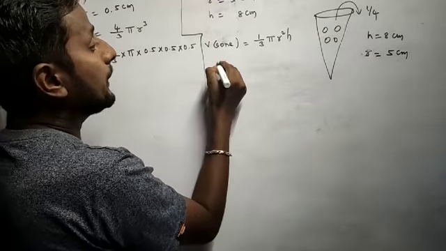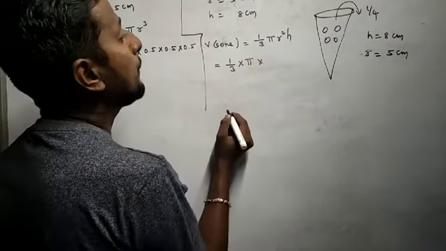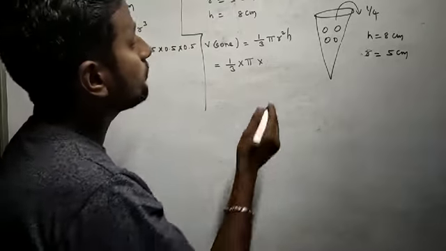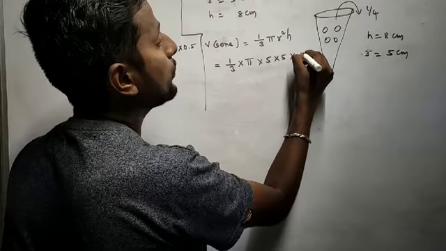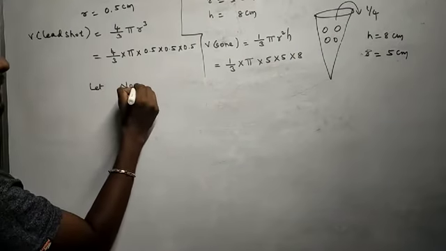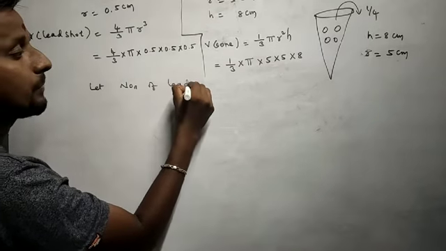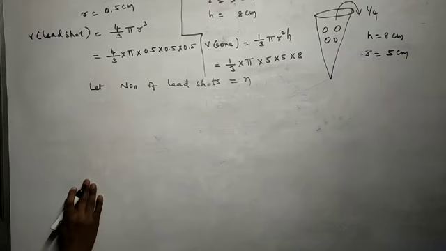So here what I'll write? I'll write 1/3 into pi as it is, into r square now. So 5 into 5 into 8. Now I'll let the number of lead shots, the required balls count, be n. Correct?